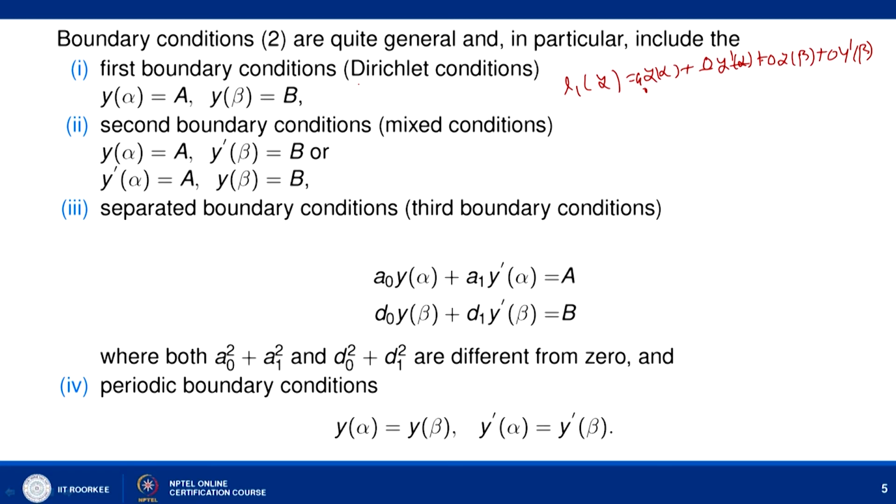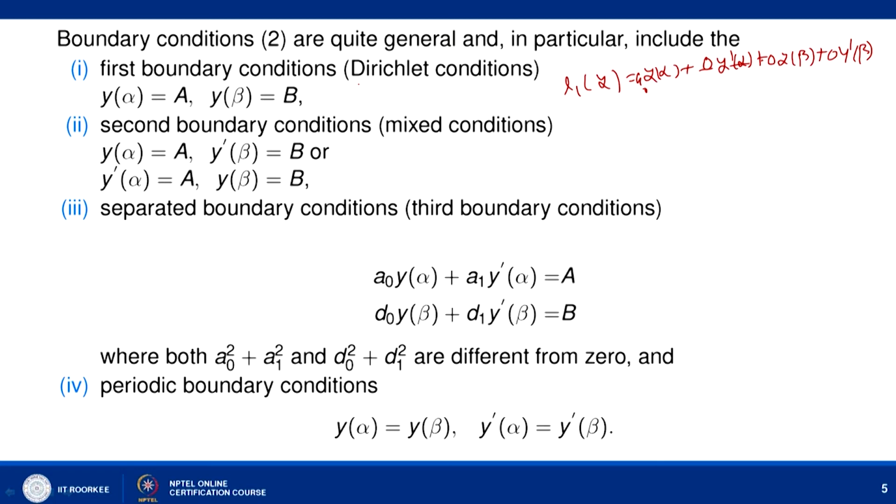So, y alpha equal to A, y dash beta equal to B, or the other way, that is y dash alpha equal to A, which means at x equal to alpha your derivative is given a particular value and at the other end the function is given a particular value. So, this is your second boundary condition, or we say mixed condition.